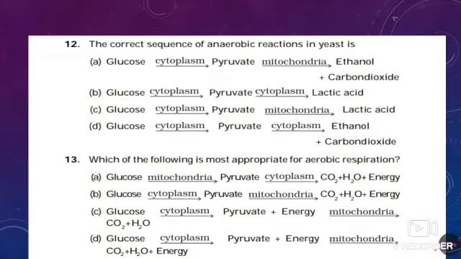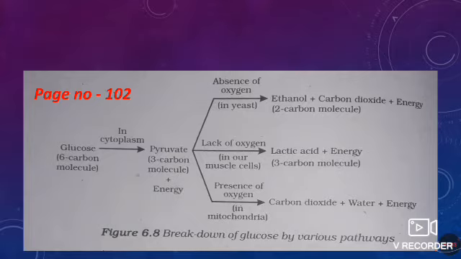You can see the answer very clearly in this flow chart, which is given in the NCERT book on page number 102, and this is a very important flow chart, so you can pay attention to it.